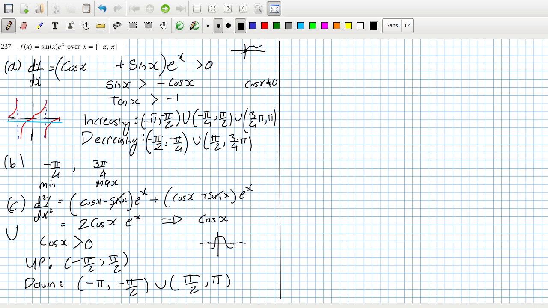And the inflection point, I can squeeze it in here. Inflection point is when this would be 0, which happens at pi/2 and minus pi/2. That's the inflection points for part D.